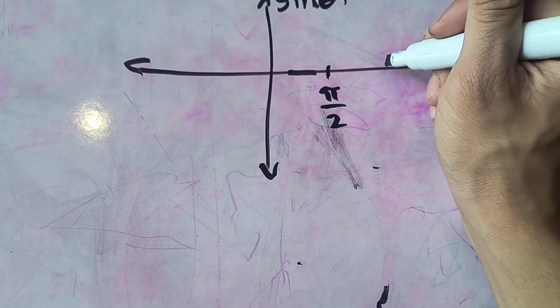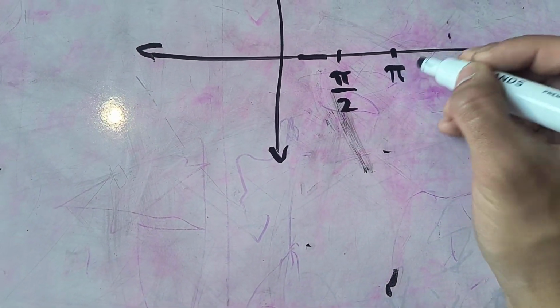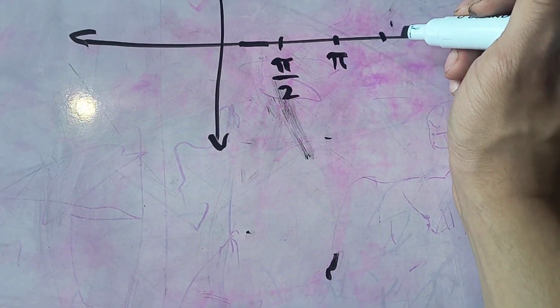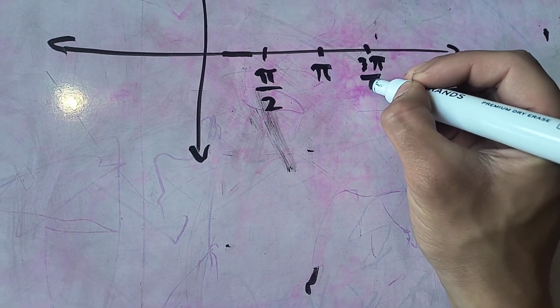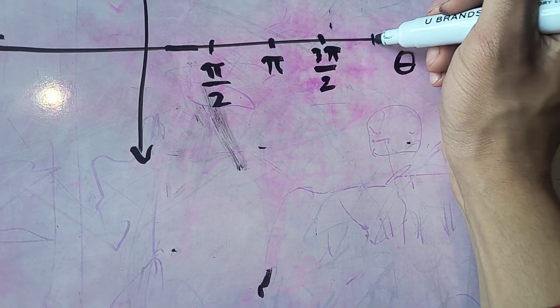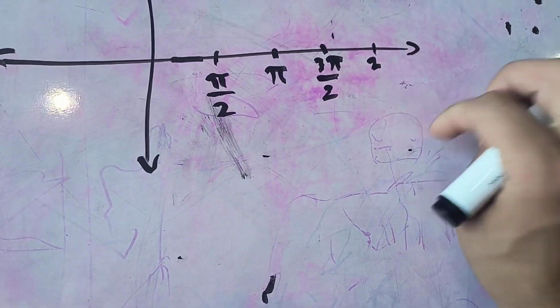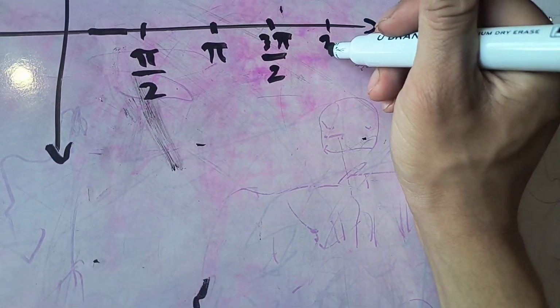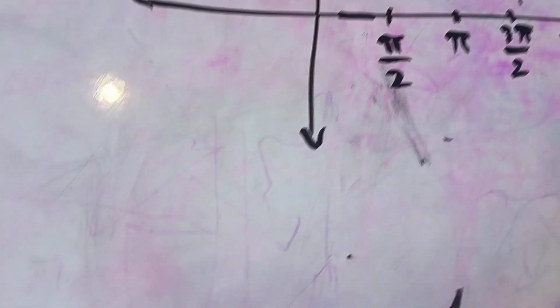Then let's put pi, and let's put 3 pi over 2, and then let's put 2 pi. Okay, these are our points.